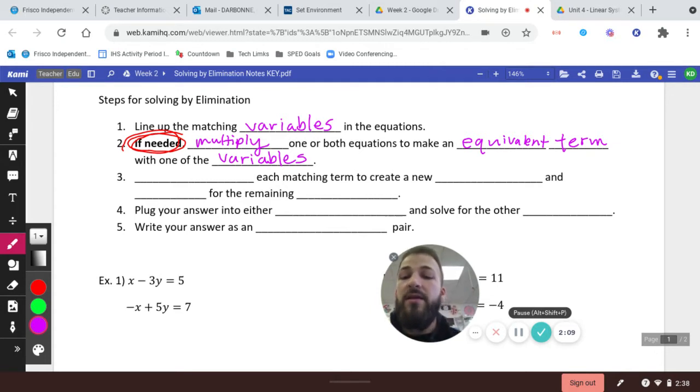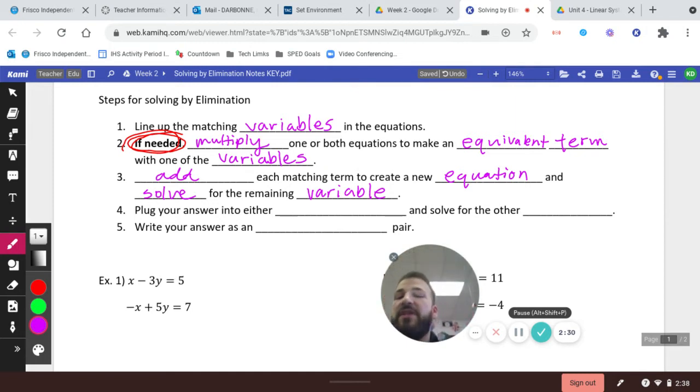Okay, then step three, we're going to add each matching term to create a new equation and solve for the remaining variable. This is really the key step of elimination: we're going to take these two equations and add them together.